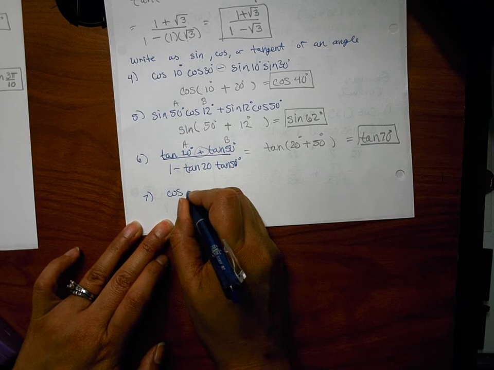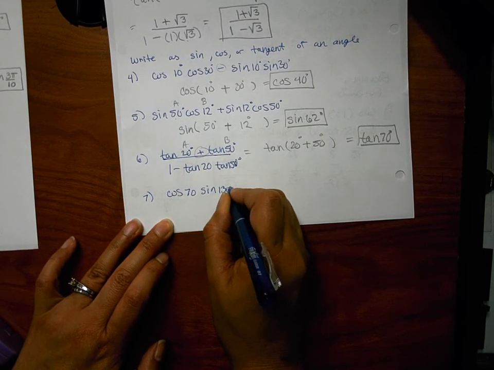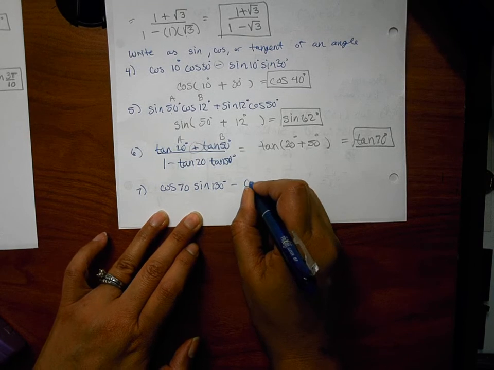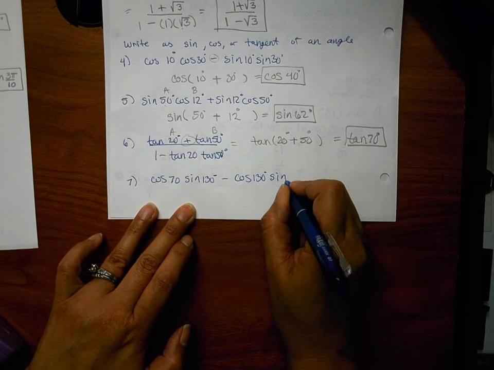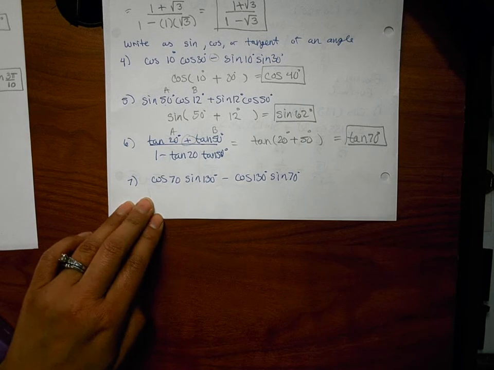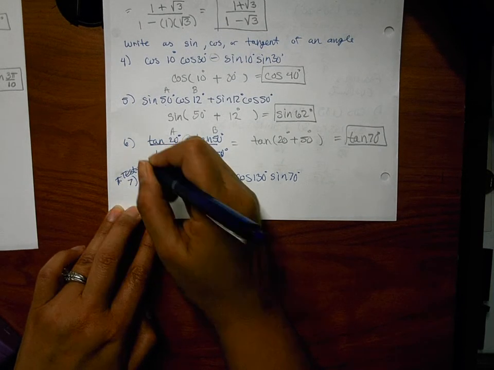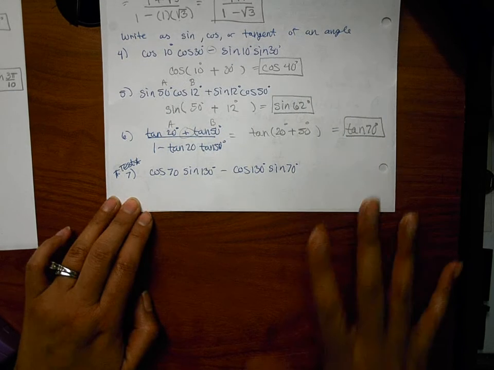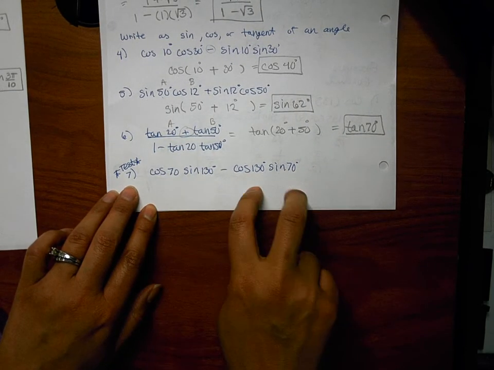All right, next one. Cosine 70, sine of 130 minus cosine 130, sine of 70. Now I'm going to put a note here. This one is on the test, and kids mess up on this one quite often, so please make sure you try it and you're paying attention.